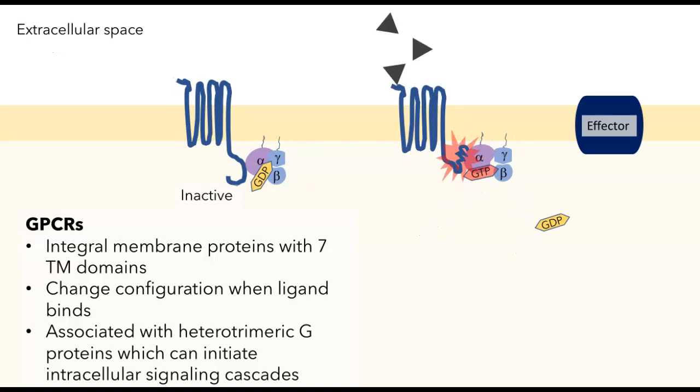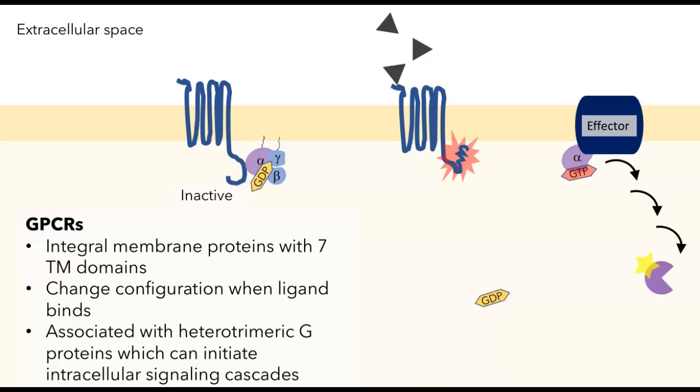As soon as that happens, the heterotrimeric G protein dissociates, so the beta and the gamma subunits go floating off and the alpha subunit goes floating off, where they can interact then with effector molecules, and often these effector molecules initiate enzyme cascades, leading to the activation of some suite of proteins in the cell.